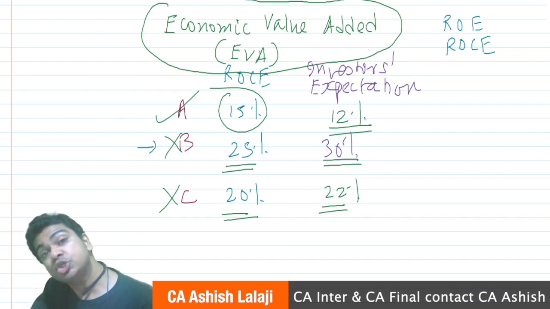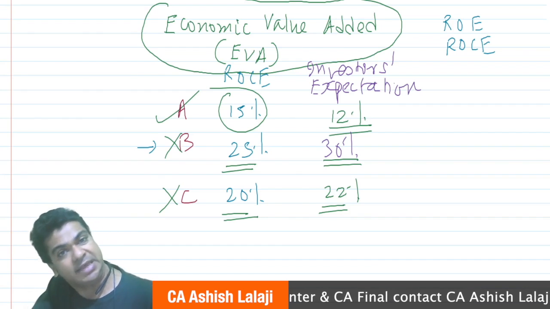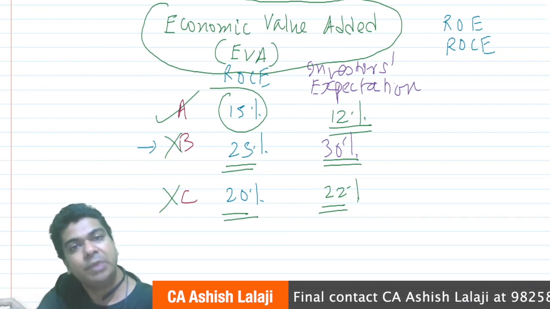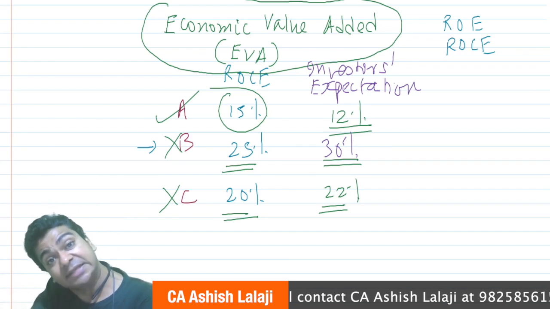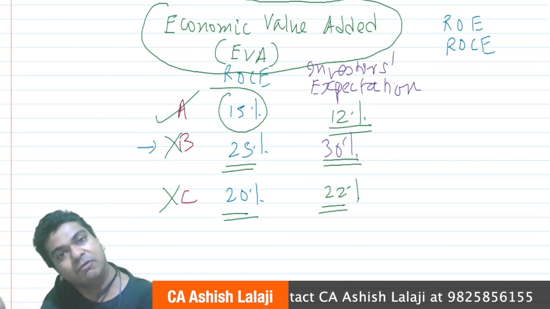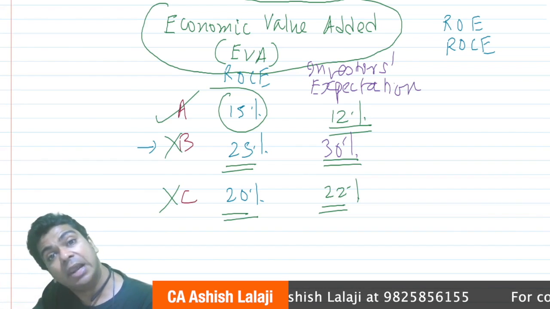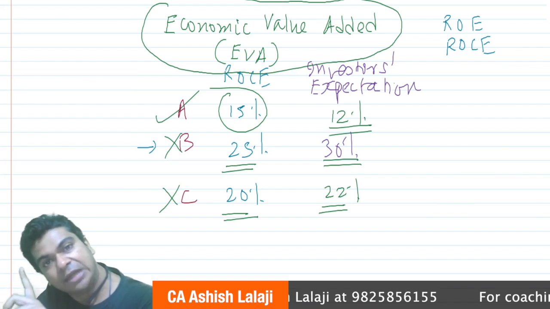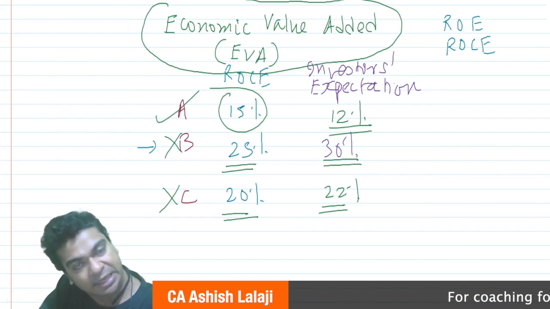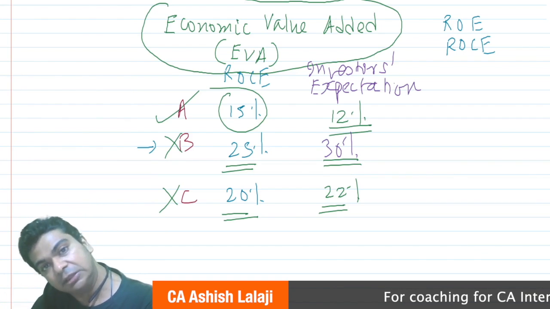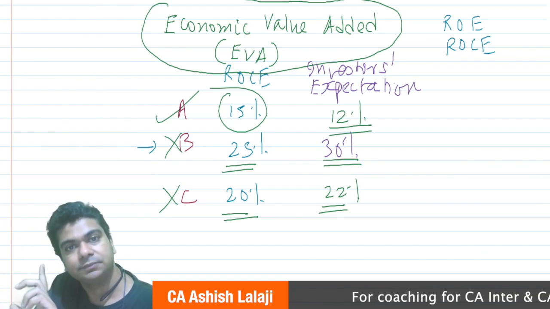A company should earn profits in excess of the expectations of the investor. If the company is able to earn profits in excess of the expectations of the investor, then the difference will be understood as EVA. It will have a positive economic value added, and if the EVA is positive, only then will the shareholders' wealth be maximized.